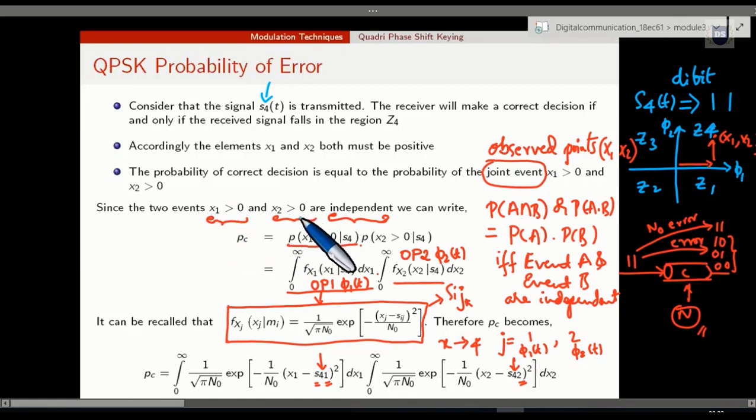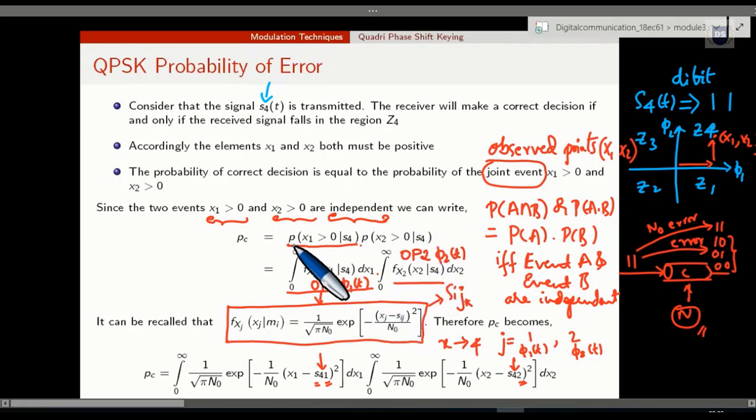Because both are independent events, the probability of correct decoding is equal to P of x1 greater than 0 given s4 is transmitted, times P of x2 greater than 0 given s4 is transmitted.